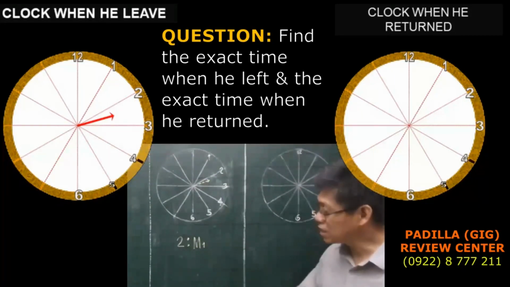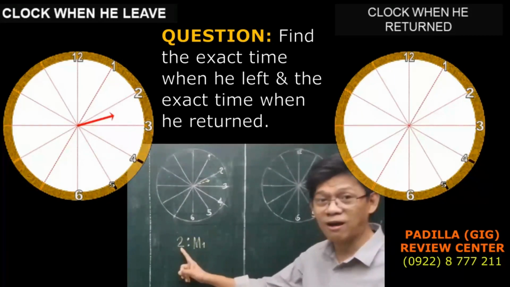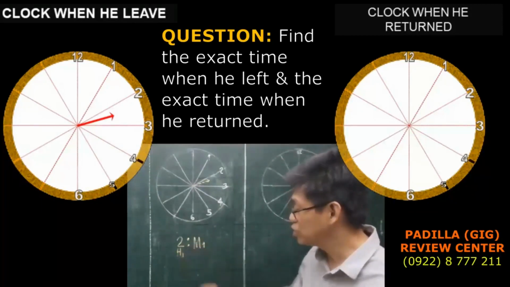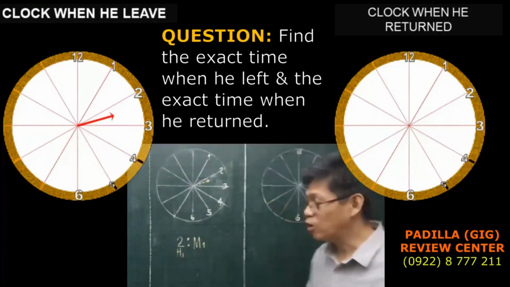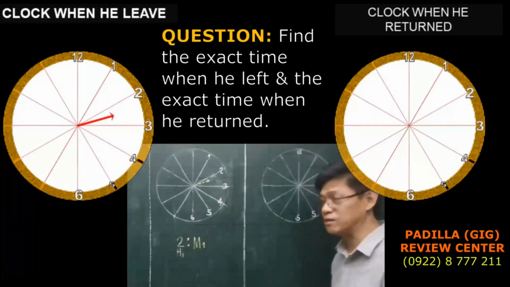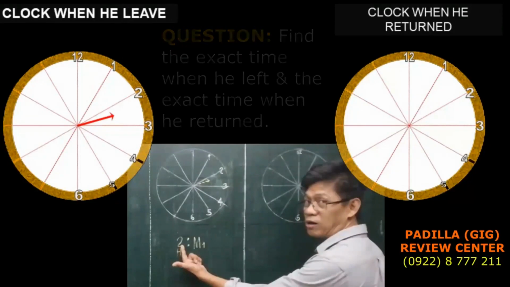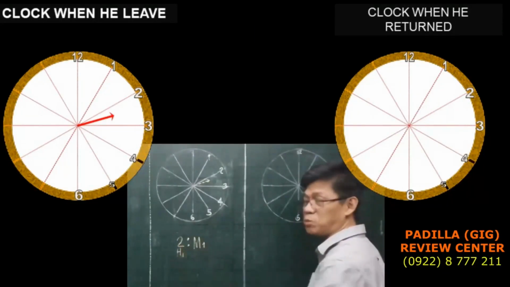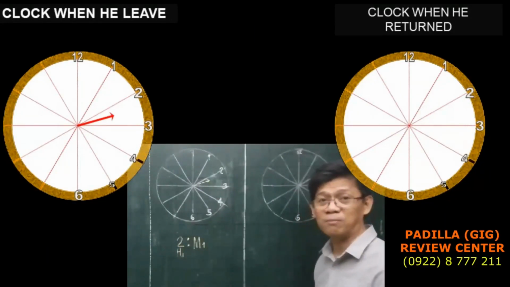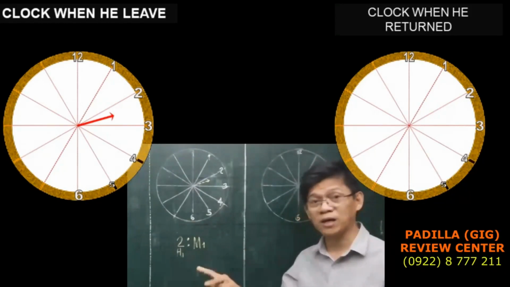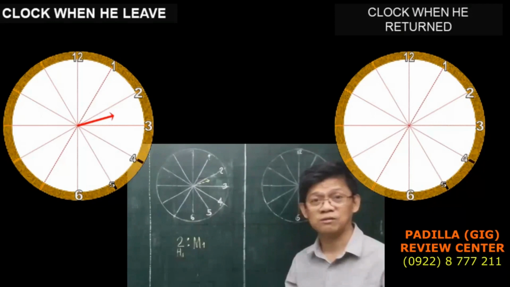Now remember the significance of the hour hand. This one. This is your hour hand. If he was out for 2 to 3 hours, if beyond 2 hours, 2 plus 2, 4, or almost 3 hours, it could be between 4 and 5. Why? The problem says the hands of the clock were interchanged in position.